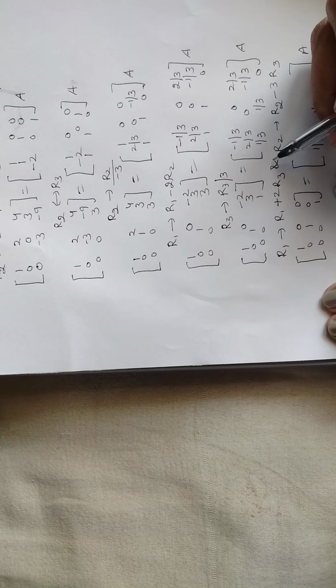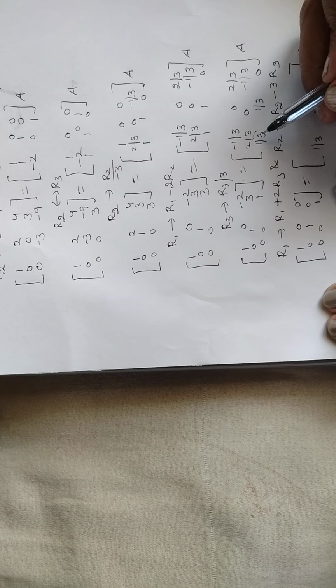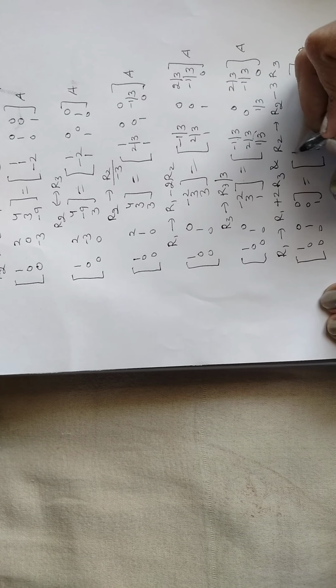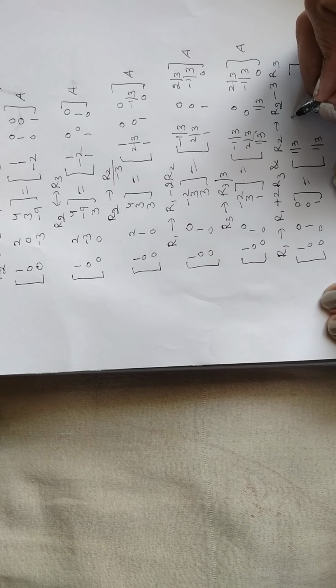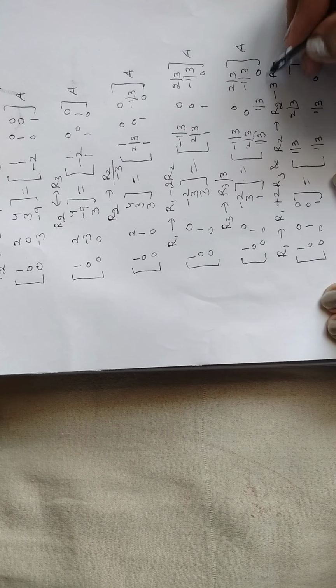R1 goes to R1 plus 2 times R3. So minus 1 by 3 plus 2 by 3. Clear? So it will be 1 by 3. And here 0 plus 2 by 3, it will be 2 by 3. And here this plus twice this, it will be 2 by 3.